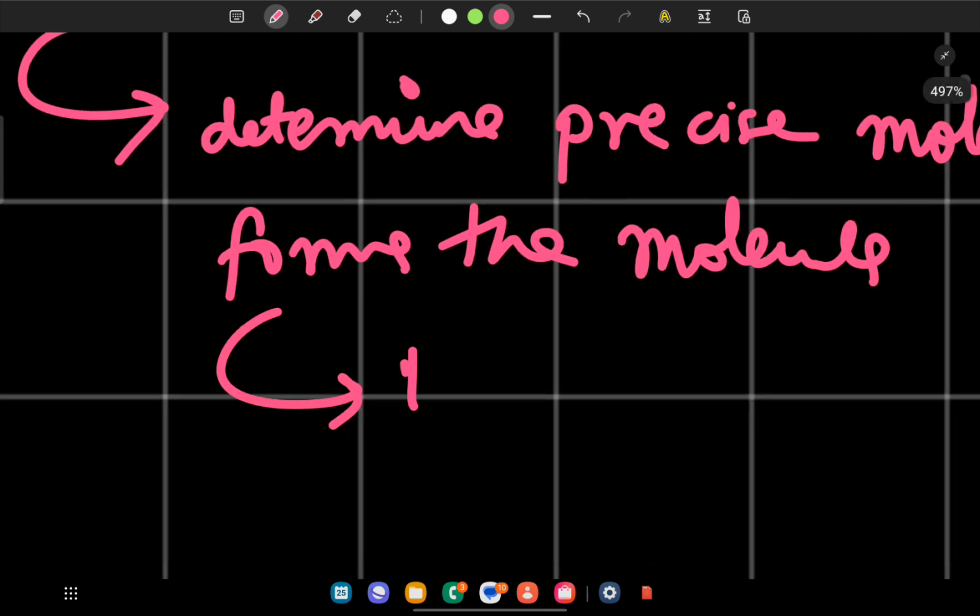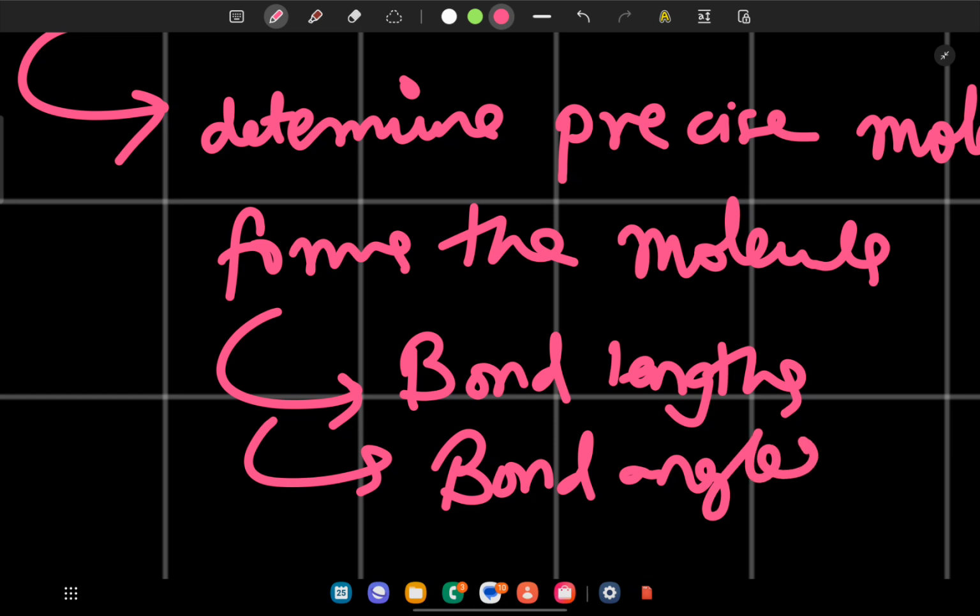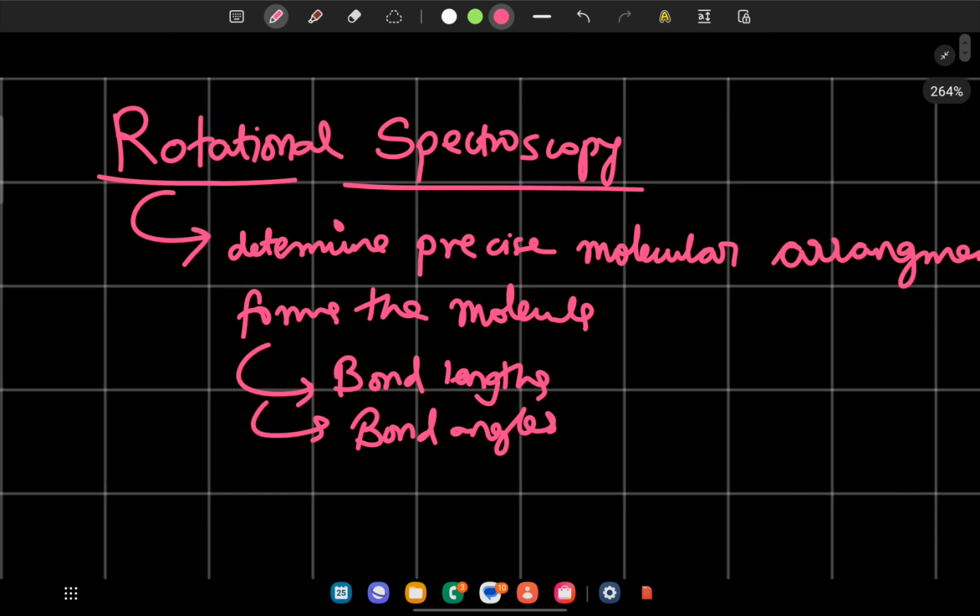Basically, we talk about bond lengths and bond angles using rotational spectroscopy. Now, understanding the word spectroscopy, what do we know?